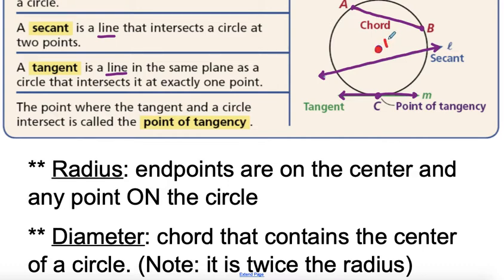Say it's D. The radius is from one endpoint is the center, and then another point on the circle. That would be a radius. A diameter, on the other hand, is a chord, so it's still a segment that contains the center of the circle. And it's also twice the radius. So to make this a diameter, I just continue it to the other side. And so it splits the circle in half.